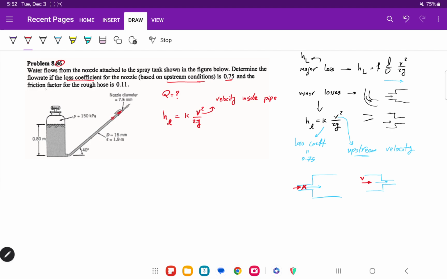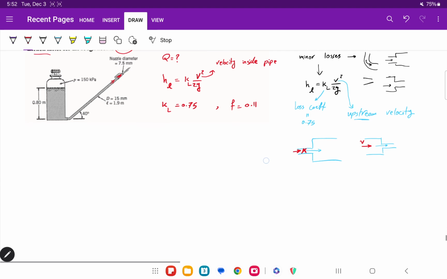And the friction factor for the rough pipe is 0.11. So in this problem, we know K_L. We use K_L for this, sorry. K_L is 0.75 and f is 0.11, the friction factor.